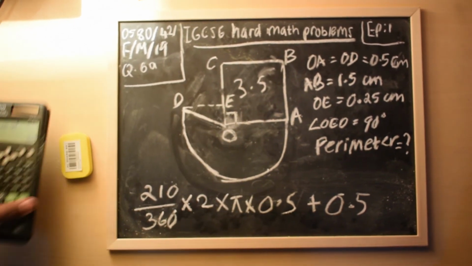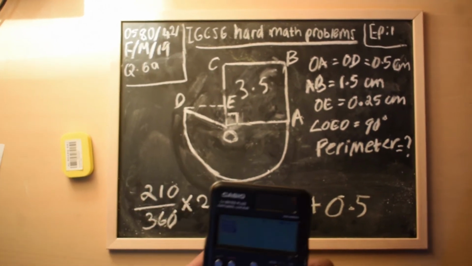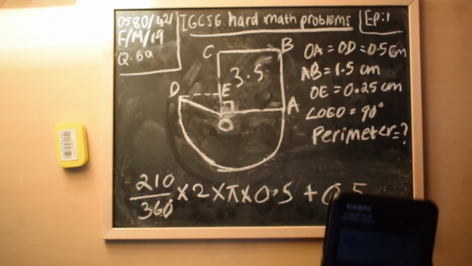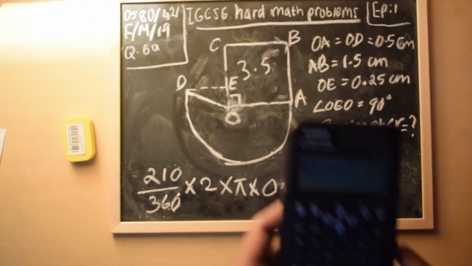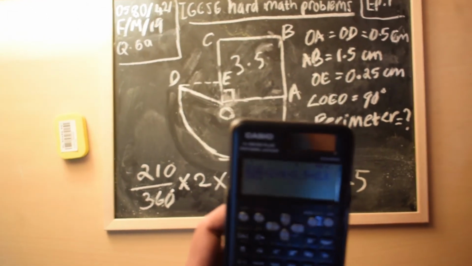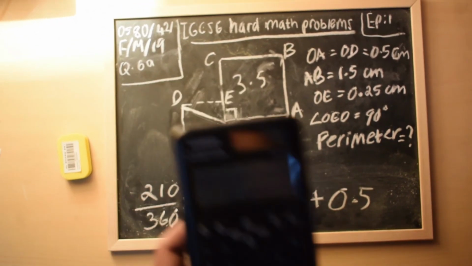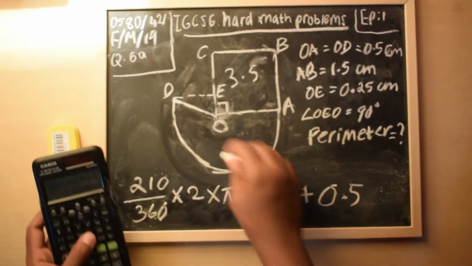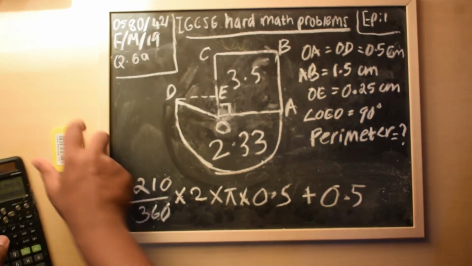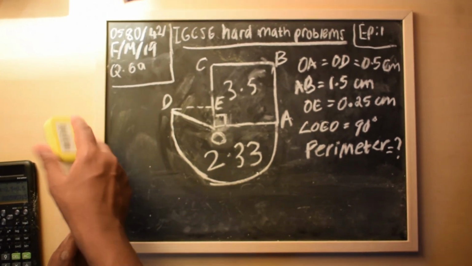So if I add that, 210 over 360 times 2 times pi times the radius, which is 0.5. Then to that value I'm going to add 0.5, which is this one, and then I'm going to get 2.33. As you can see, 2.33 is the perimeter of this one. So we got the perimeter of this sector as 2.33.